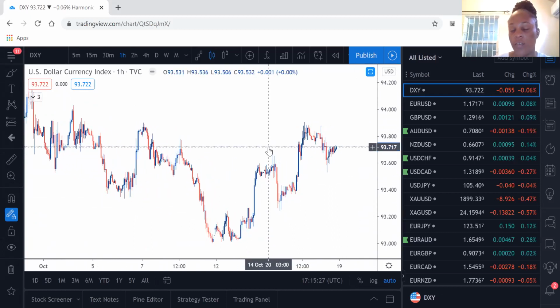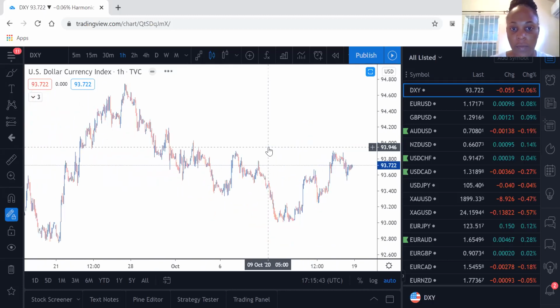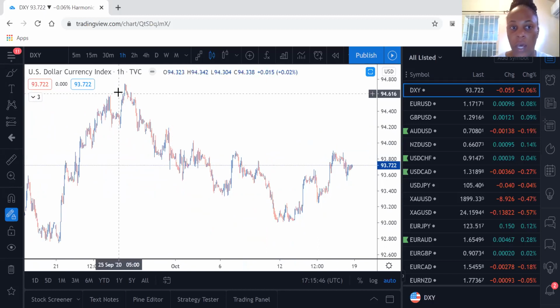Remember I said you need to be open-minded. By that I mean you need to open your chart with a fresh mind and always take the full picture into consideration. So first I'm going to zoom out.